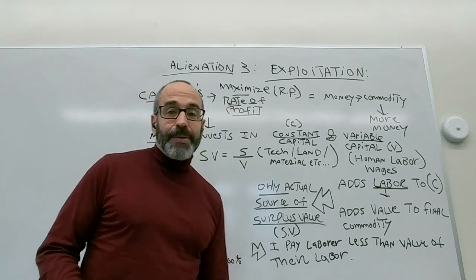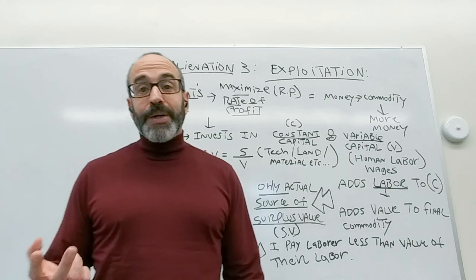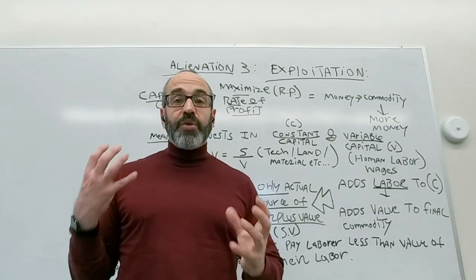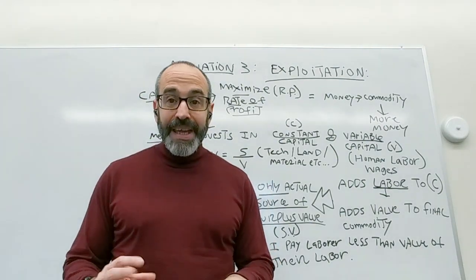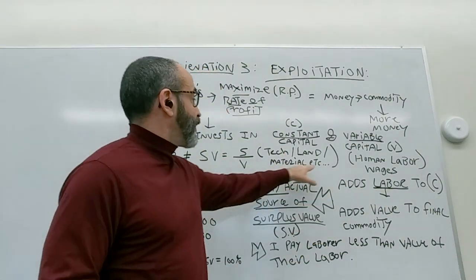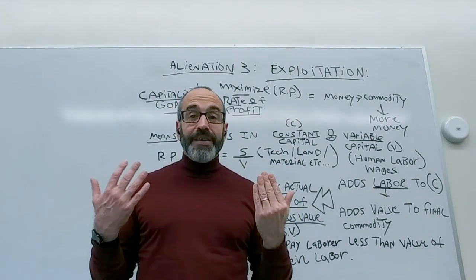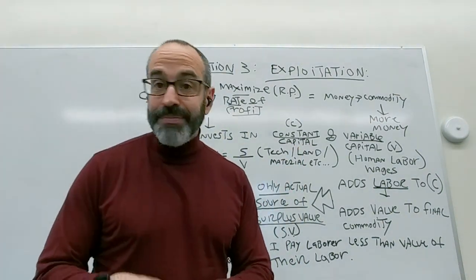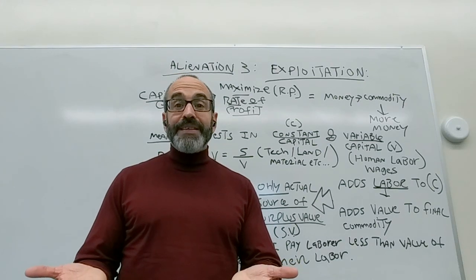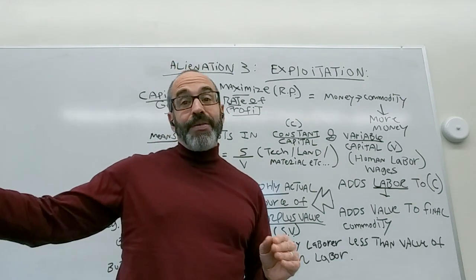So let me give an example. If I'm going to make, for example, shoes, then what do I need? I need leather, I need tools to make that, and I need property to make it on. I need all of the non-human materials and the tools. But whatever I invest in that is exactly, as long as there's no depreciation in the value, what I get out of it.